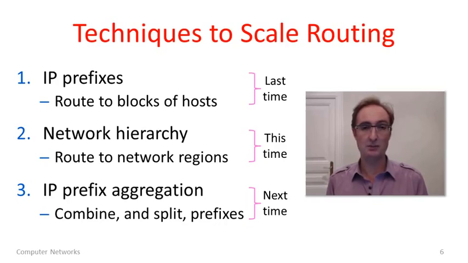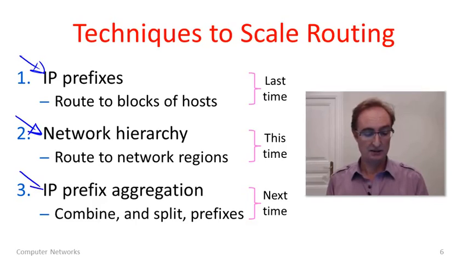Well, I'm glad you asked because I've written them down here. In fact, we've seen some of them. The first technique here is the use of IP prefixes, where we don't have an entry in the table for every individual host. Rather, we have an entry for a block of hosts called an IP prefix. We've seen how IP prefixes work. In this segment, we're going to talk about network hierarchy, which is the routing to the different regions of the network.